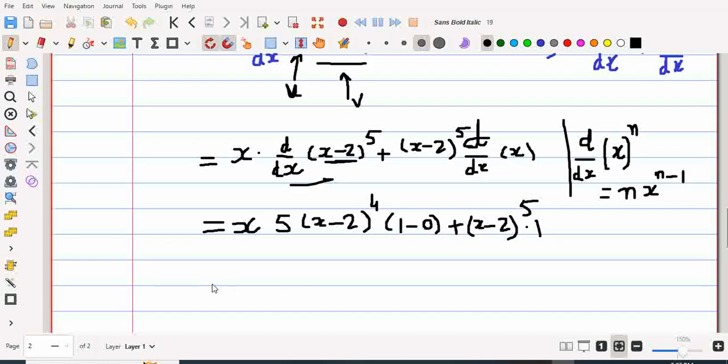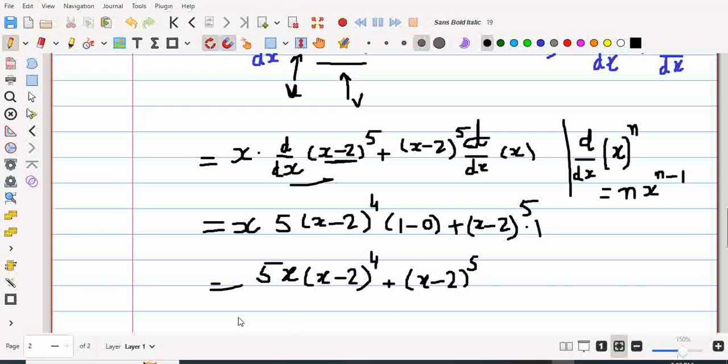This will become 1 minus 0 is 1, so 5 ones are 5. 5 times x is 5x times (x minus 2) power 4, plus (x minus 2) power 5 as it is, because 1 multiplied by something is the same number. This is the answer.